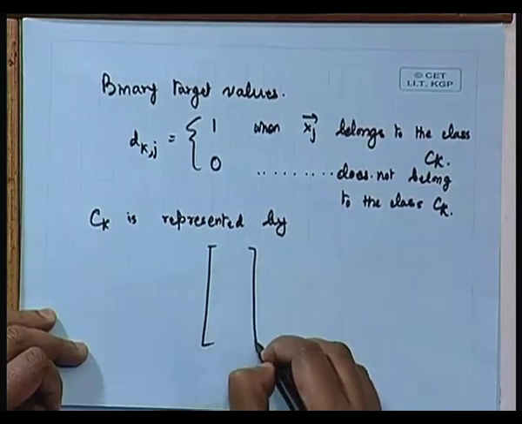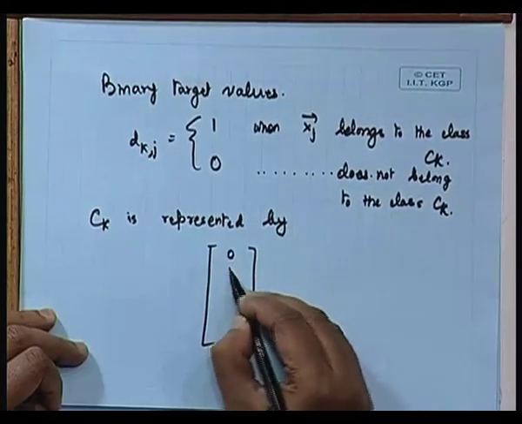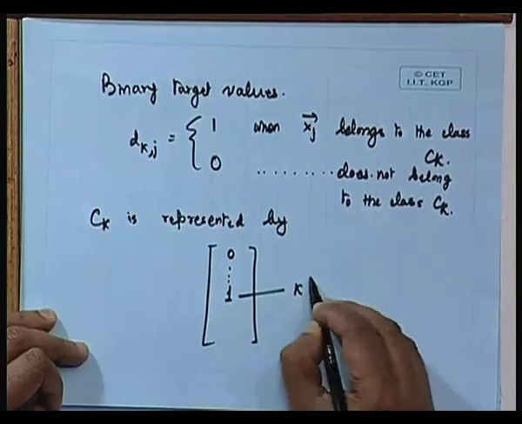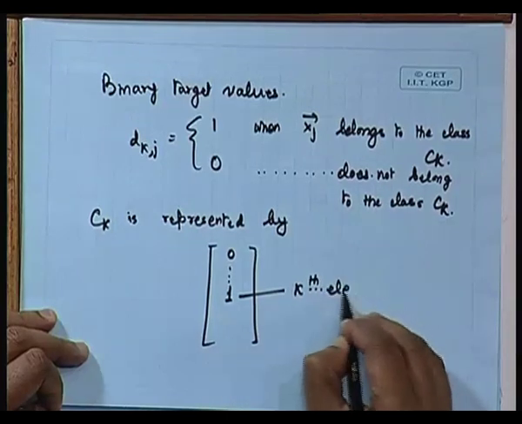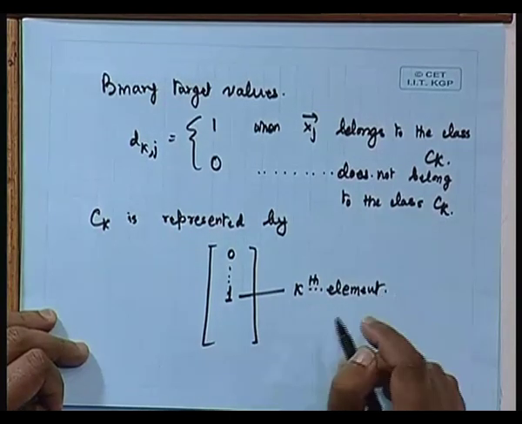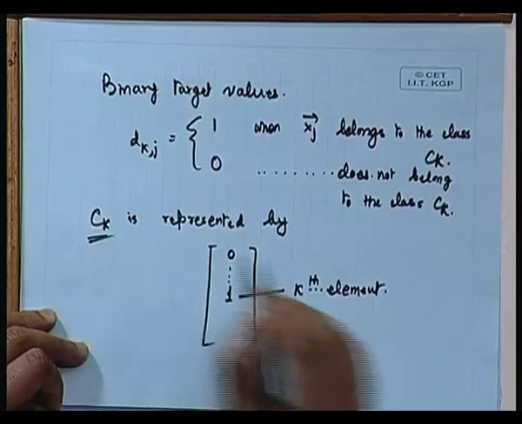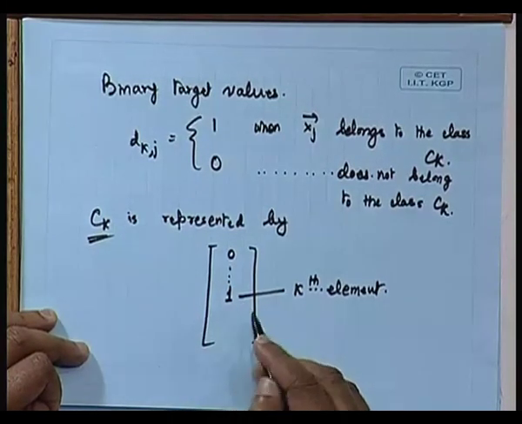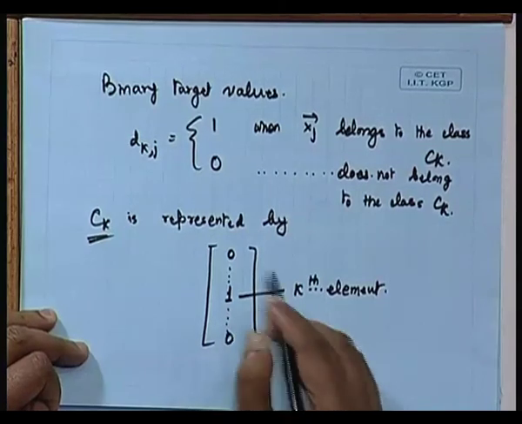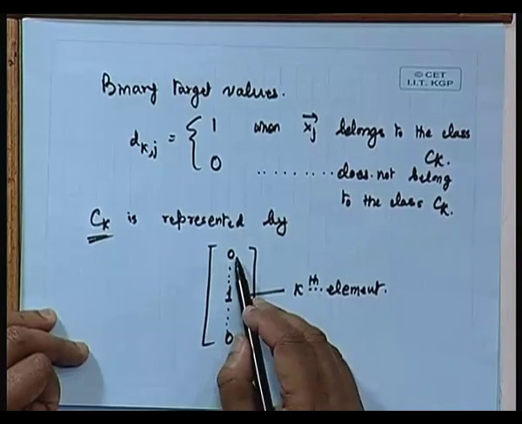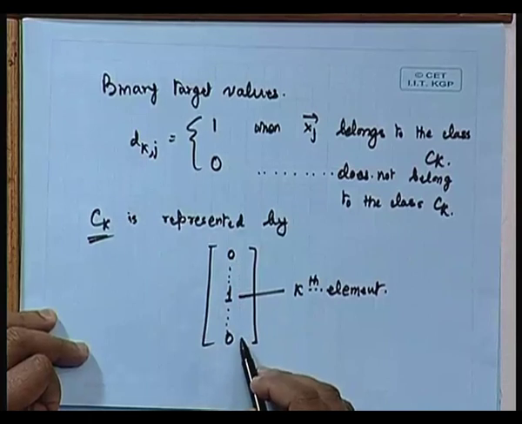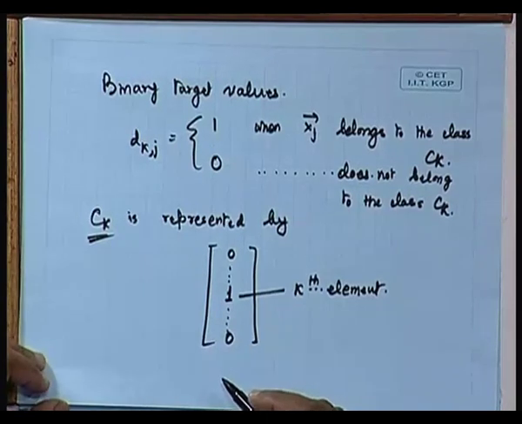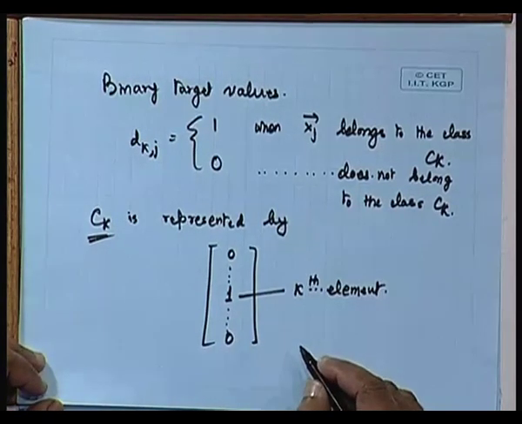Here we have binary target values, and Ck is represented by a target vector 0, 0, 0, 0 like that, and if it belongs to Ck, the kth element will be 1, and all other elements from k equal to 1 up to k equal to m are going to be 0. So, this is the m dimensional target vector.